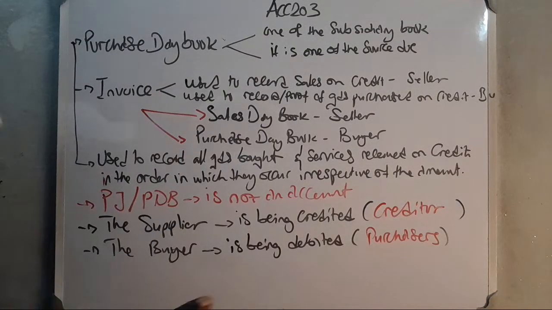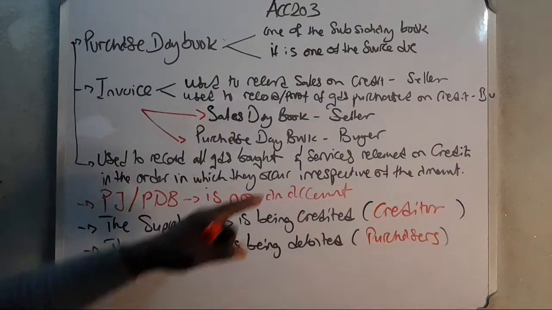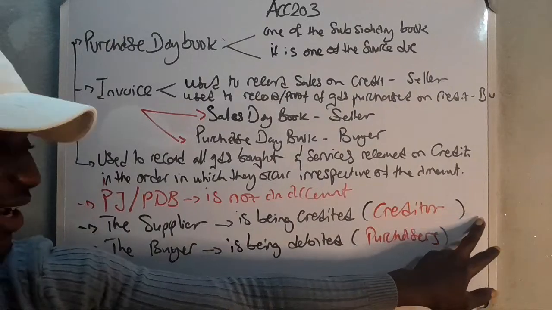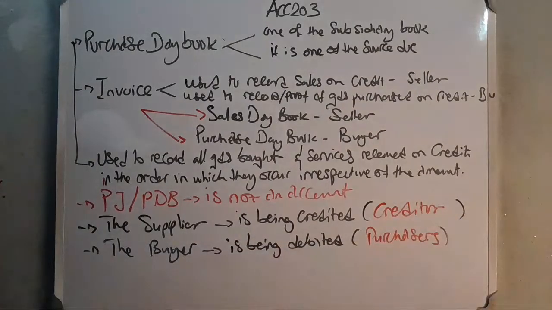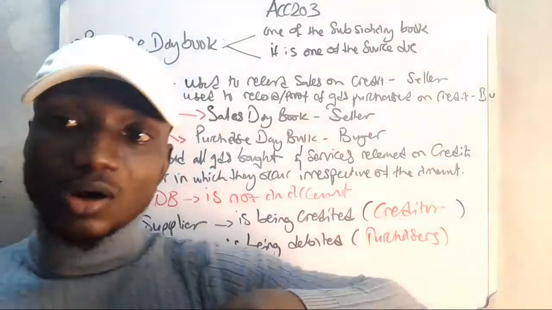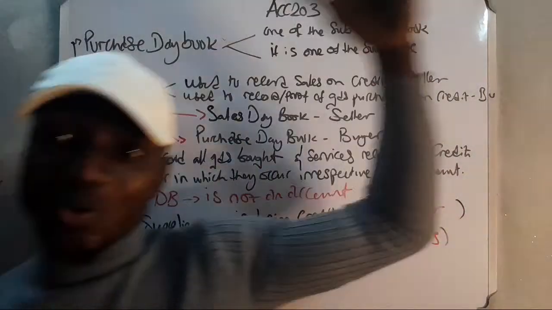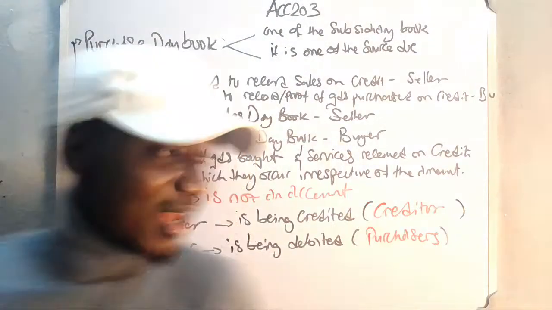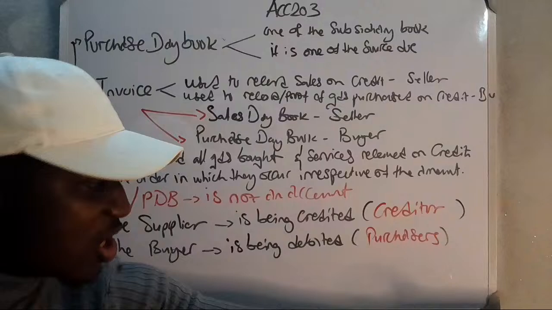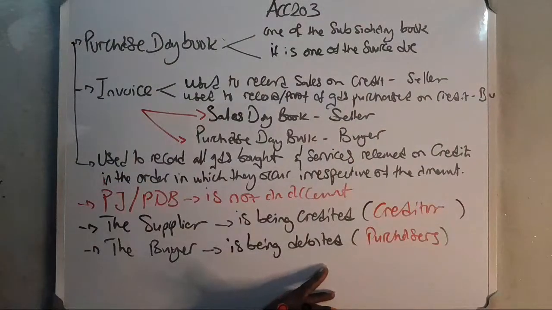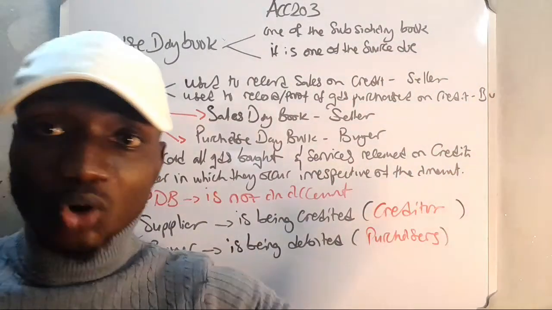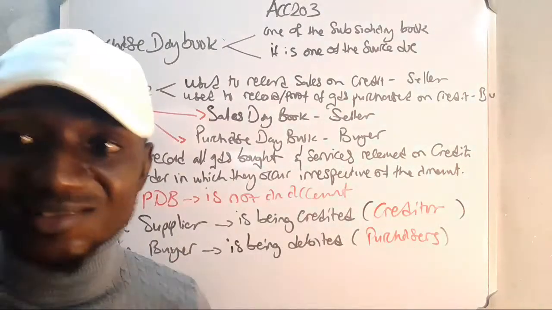On the ledger, the supplier becomes debited because now money is coming in. It's not a case of the goods being sold but payment not yet made, and that's why it is showing credit here. On the side of the buyer, it is showing debit because goods came in for him and here the goods went out. If it was a case of sales not on credit, it would be reversed.